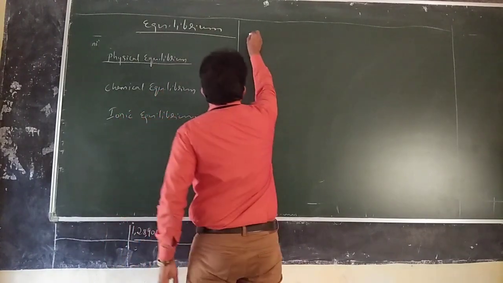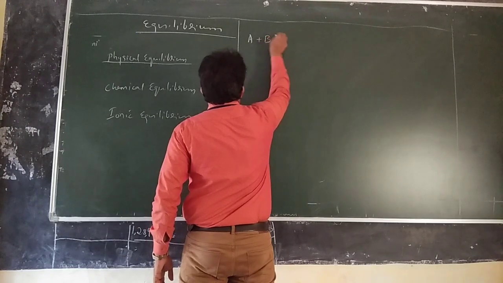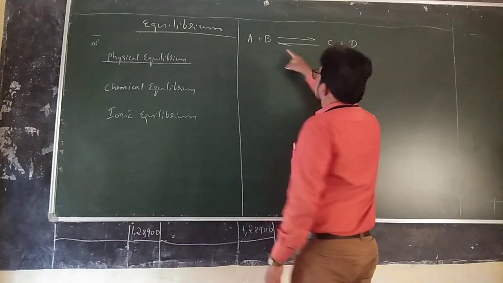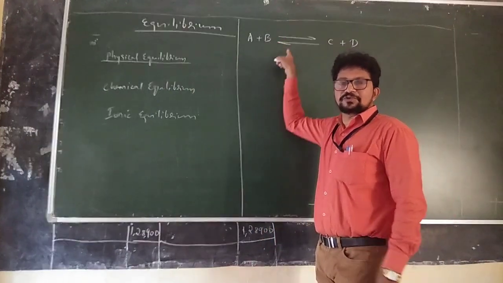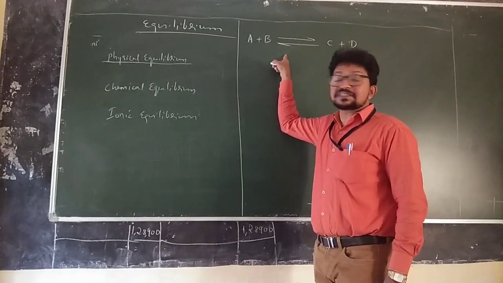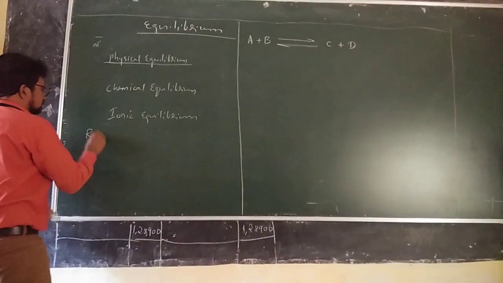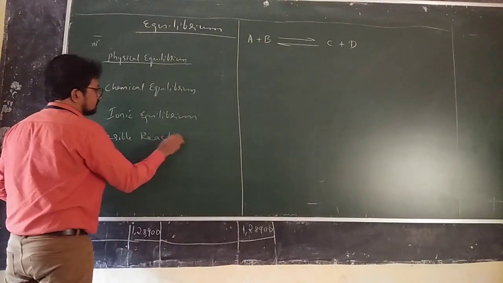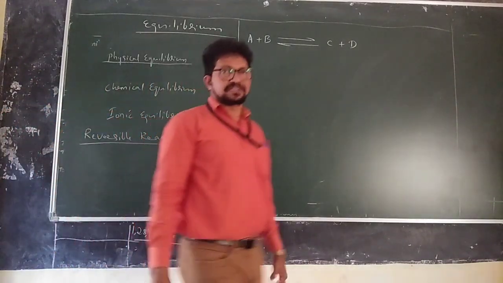Suppose you take a reaction A plus B giving C plus D. Remember, this is the arrow. This type of arrow indicates reversible reactions. You may also try to know what is a reversible reaction.